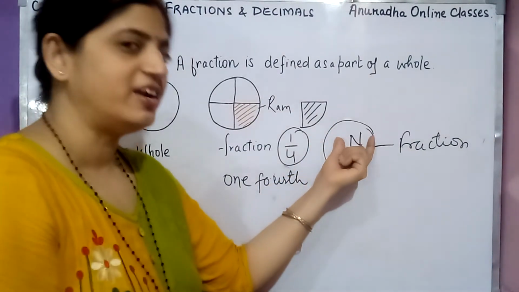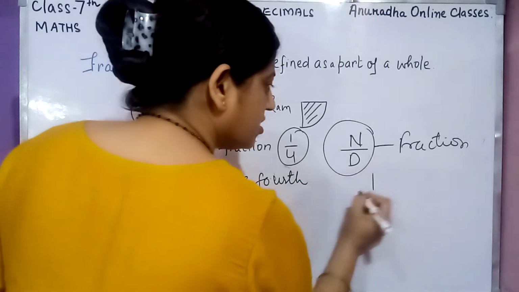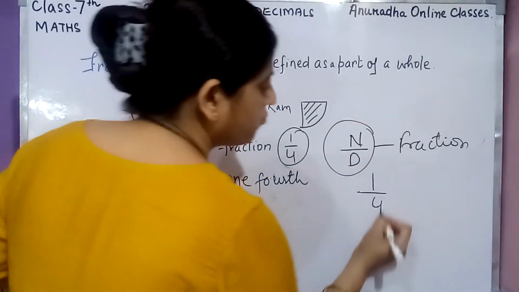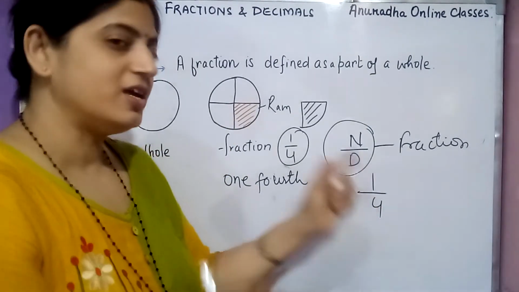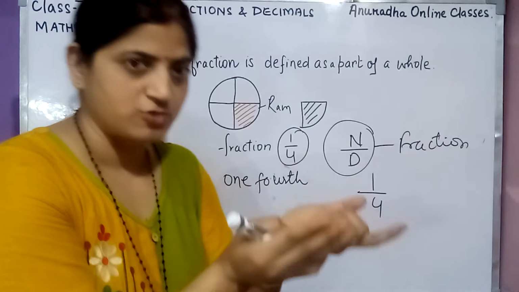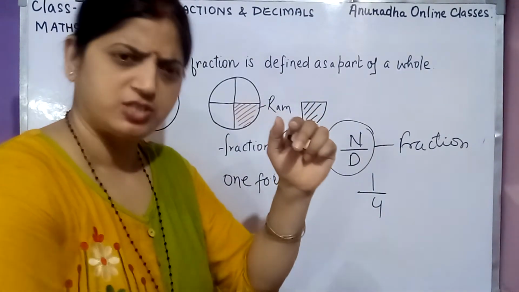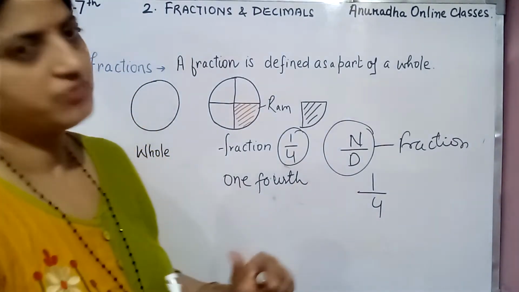जिसको हम divide करते हैं. Suppose this is one circle को हमने कितने parts में divide किए? That is 4. One को हमने 4 parts में divide किया. तो जो complete चीज है उसको कितने times हमने divide किया? That we are writing in the bottom, right?